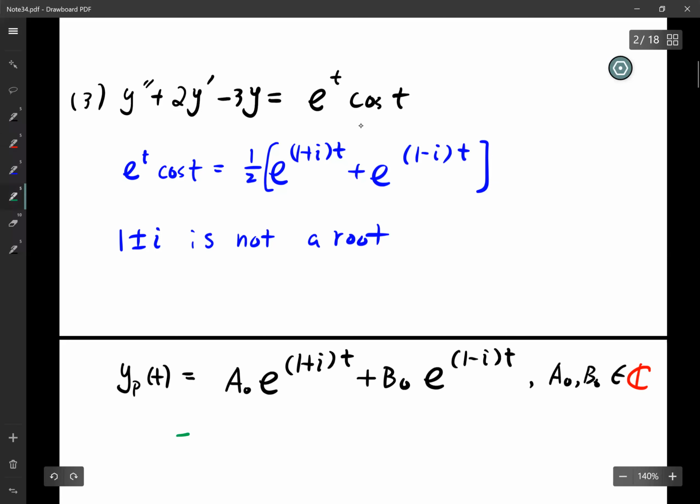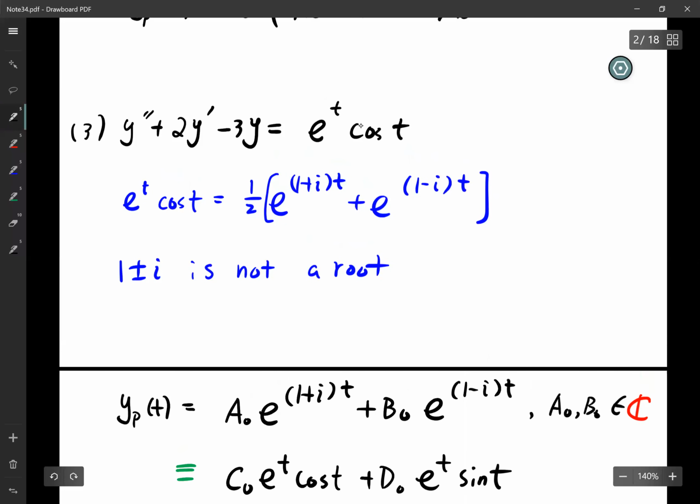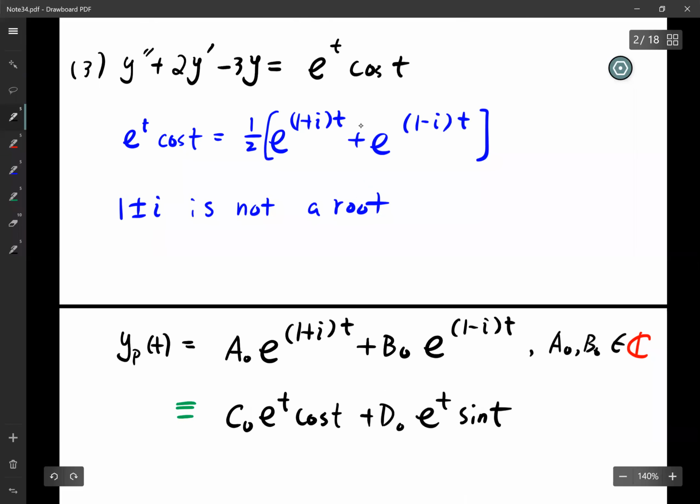This is entirely equivalent to the following assumption: c naught exponential t cosine t plus d naught exponential t sine t. Although sine didn't appear on the right-hand side, there is only cosine, the linear combination of these two terms will naturally generate a sine.